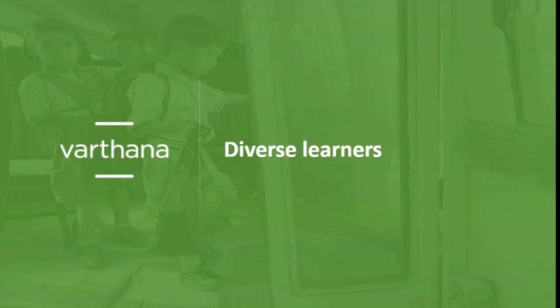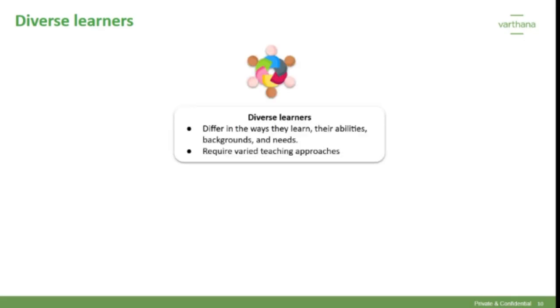Students also have different kinds of needs, different things they require to learn. These are called diverse learners. Here we will discuss what diverse learners are. Diverse learners are students who have different kinds of learning abilities, different interests, and different backgrounds.